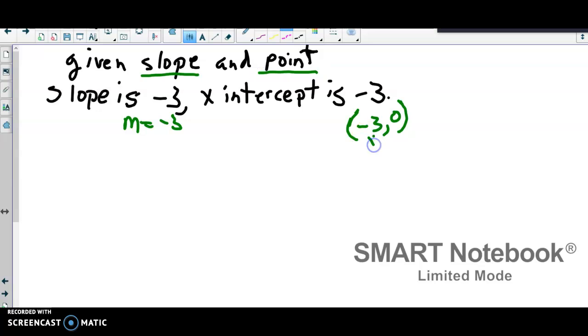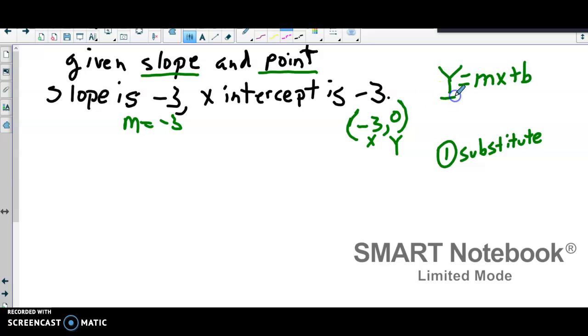I know that this is my x, and this guy's my y. So my first step is going to be substitute. And I'm going to substitute, remember we're substituting into the y equals mx plus b.